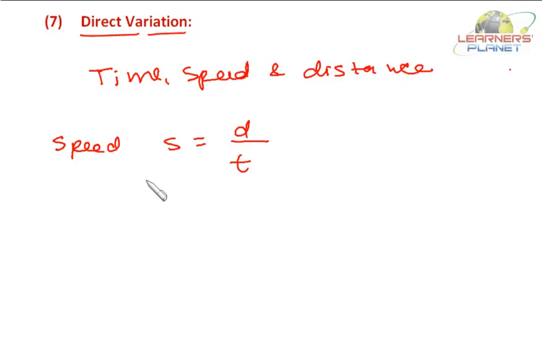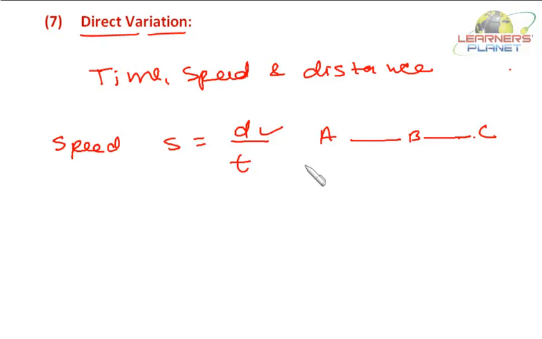Now, what happens when distance increases? Initially, suppose you are going from A to B. Then you decided to go from A to C. That means the distance from A to B is less than the distance from A to C. That means distance is increasing. Now, if the distance is increasing and you have a limitation of time, you need to increase the speed.